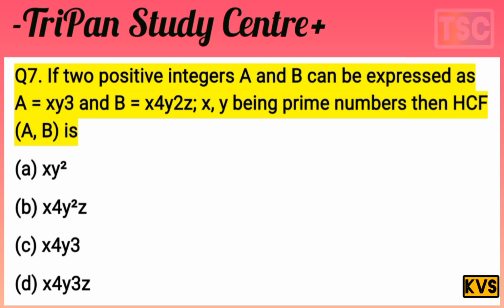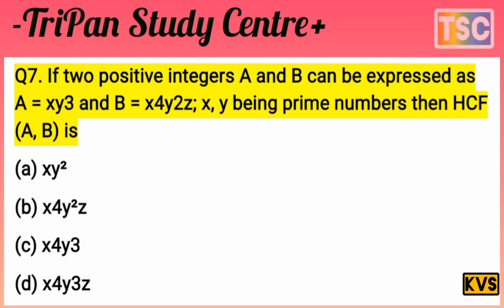This is important because you analyze the question here. In a, there is x only one time and y three times. In b, x is four times, but for the highest common factor, x is taken one time only.